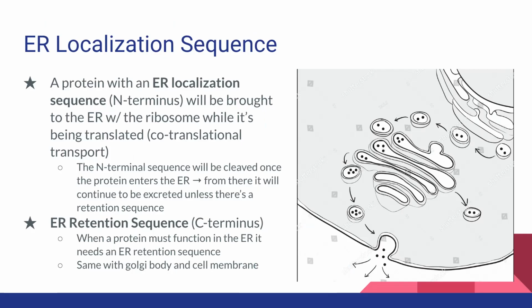Oh wait, I don't know if I read all of this. So that retention sequence will be on the C terminus, which is the opposite end from the N terminus. And when it says same with Golgi body and cell membrane, that's just referring to any part of the endomembrane system, not just those two specifically.